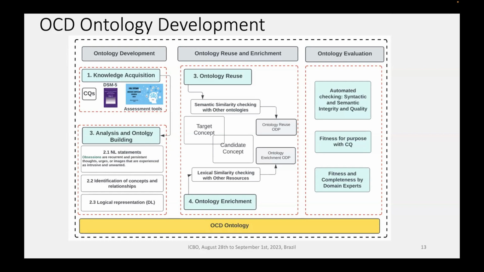And the third one is to use description logic to define concepts of OCD. Here we align with the systematic approach for building ontology that prioritizes the use of formal logic to represent domain knowledge rigorously and coherently.